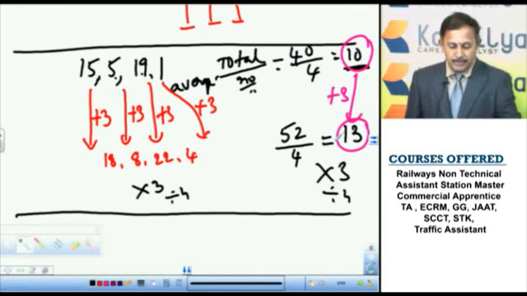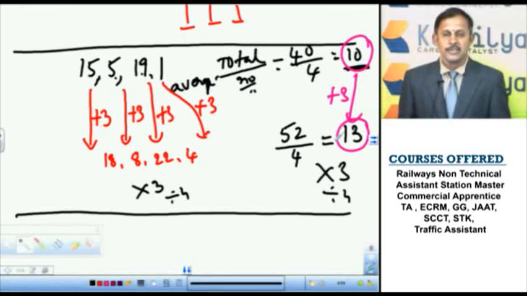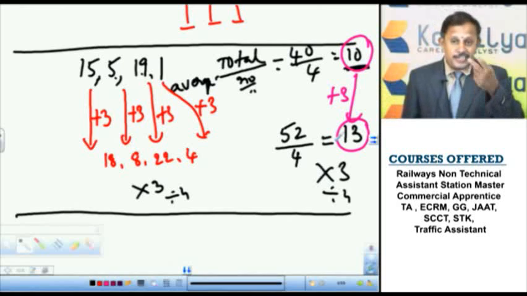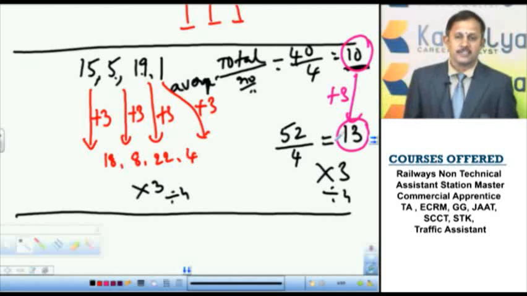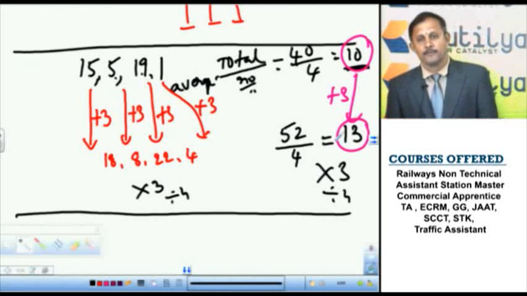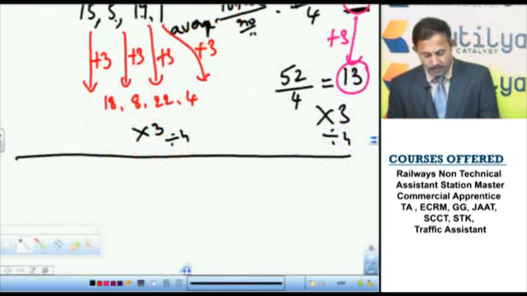Suppose each element is increased by 3, the average also increases by 3. Decreased by 2, the average also decreases by 2. Multiplied by 3, the average is also multiplied by 3. And divided by 4, the average is also divided by 4. So this is what you have to remember.